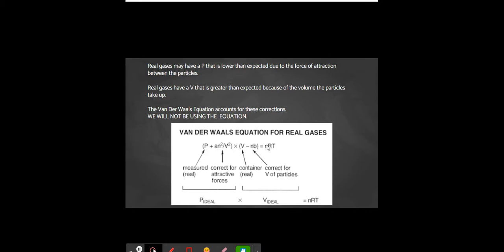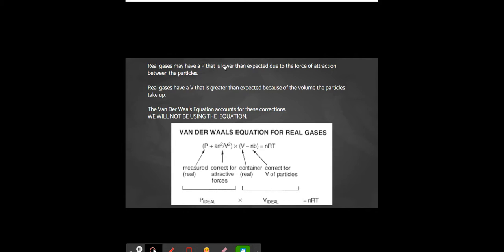Okay, and so we have real gases. This equation looks scary. We're not going to have to actually calculate anything, but we need to know that when it's a real gas, the pressure may be lower than expected because of the forces of attraction between the particles. So because they're pulling towards each other, there's less pressure of collisions on the container. And so in the van der Waals equation, this is how we correct for that.